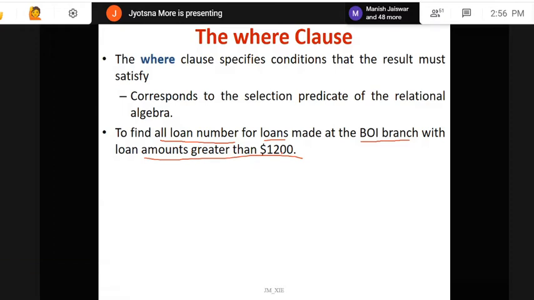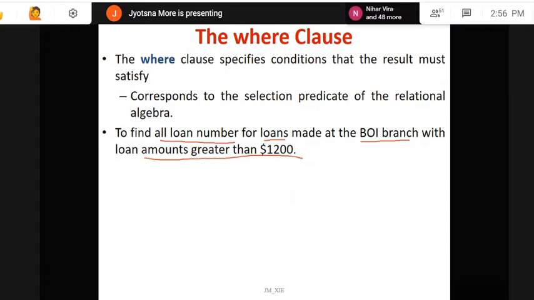All loan numbers, so select loan number. They have specified all, so is there a need to write the distinct keyword? Select loan number from loan where amount and branch are what they have specified.